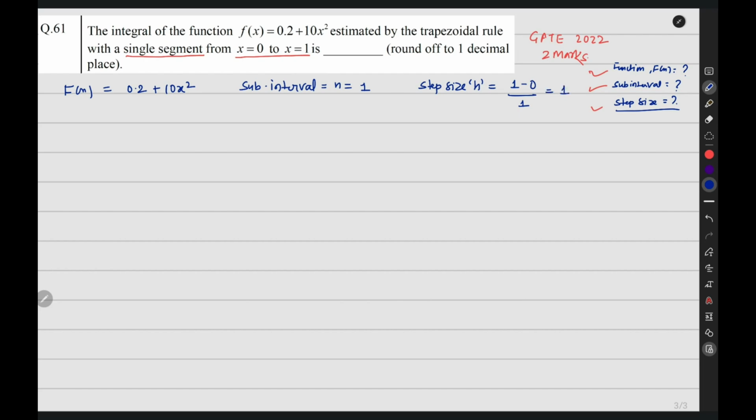Again we are going to write the formula: integration from x0 to x1 of f(x) dx equals h by 2 into first term plus last term plus 2 into remaining terms, that is y1 plus y2 plus y3 and the rest up to the second last one.